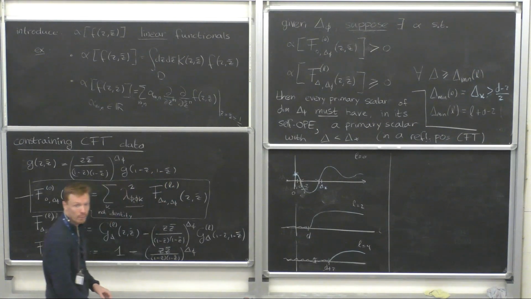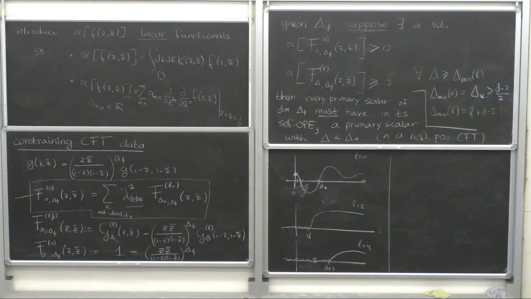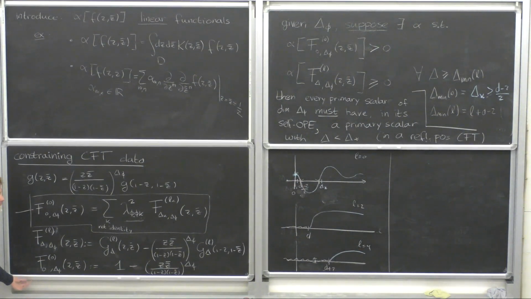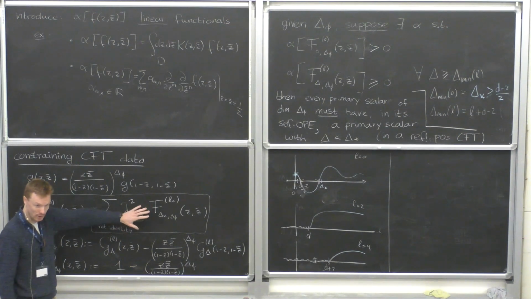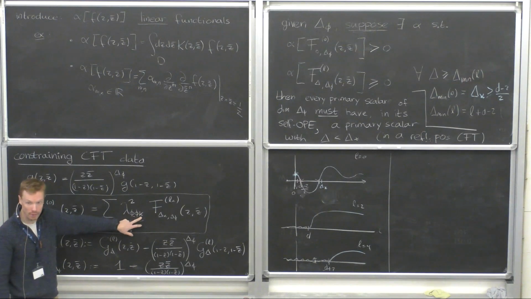Okay, yeah. Why is L always even? Because these are identical operators, and remember there was the 1-2 crossing equation which introduced the (-1)^L in the conformal blocks. And so only even conformal blocks can survive for identical operators. Identical operators are important because if I don't have a four-point function of identical operators, well, the equations change a little bit, but in particular here you will not have a square.